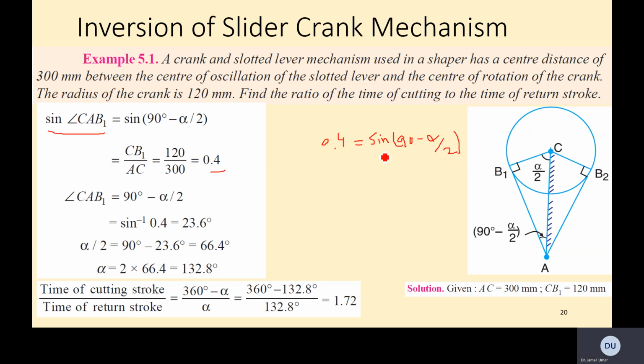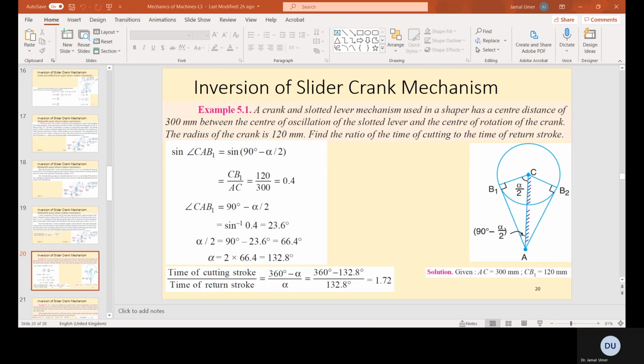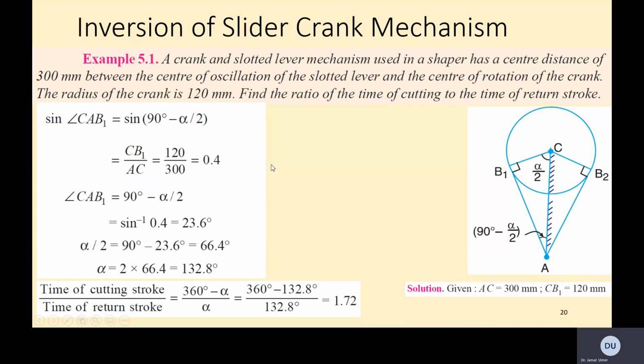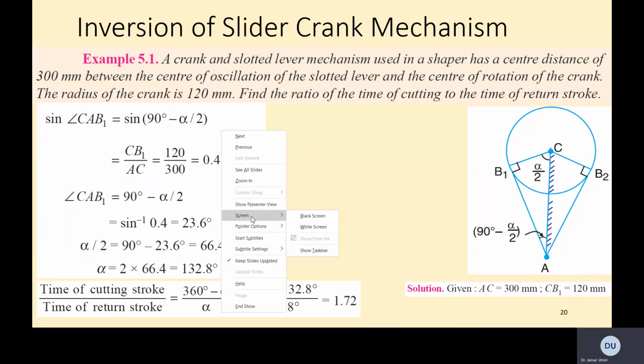Then you bring it over, so it's sine inverse of 0.4. That's what we are taking, the sine of the angle.